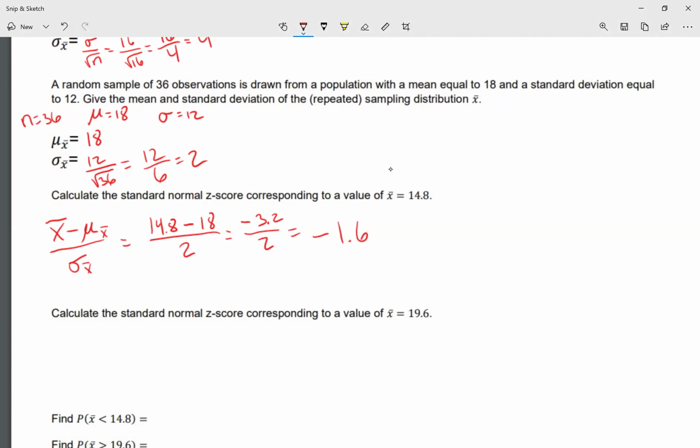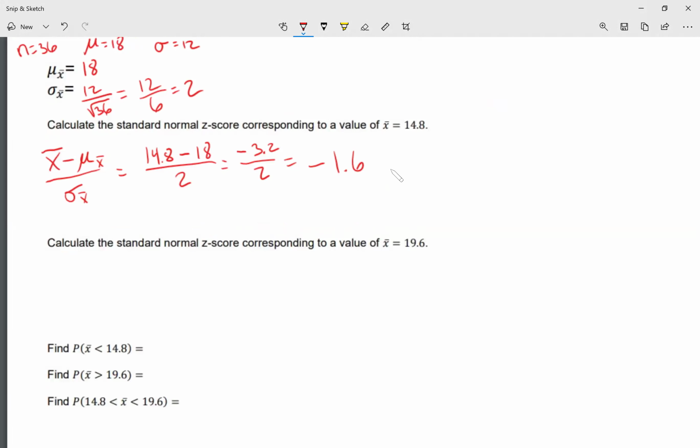Now it says calculate the standard normal z-score corresponding to a value of X bar of 19.6. Basically the same steps, but instead of 14.8, in this case I'm doing 19.6. So remember, the way I'm doing this for the sample, I take the X bar, the number that I'm trying, minus the mean of my sample divided by the standard deviation of my sample.